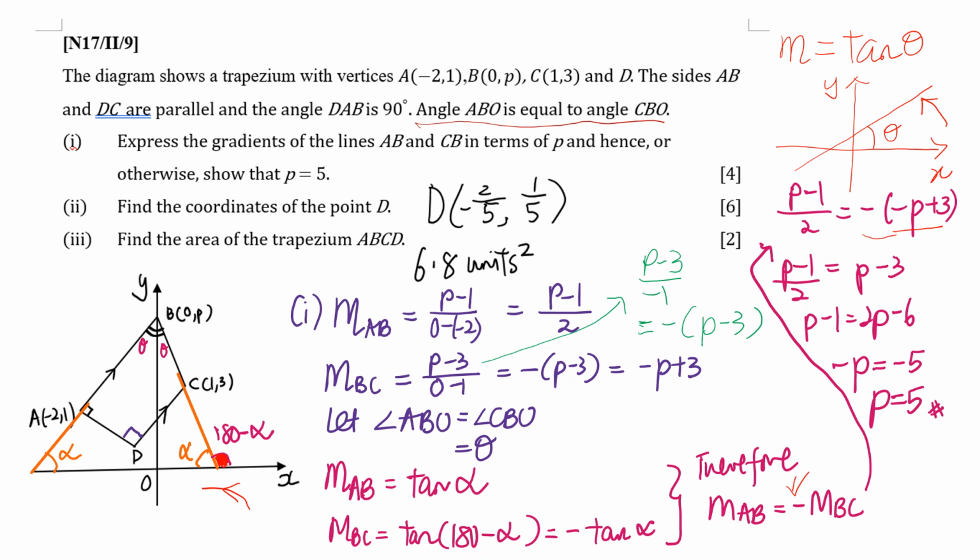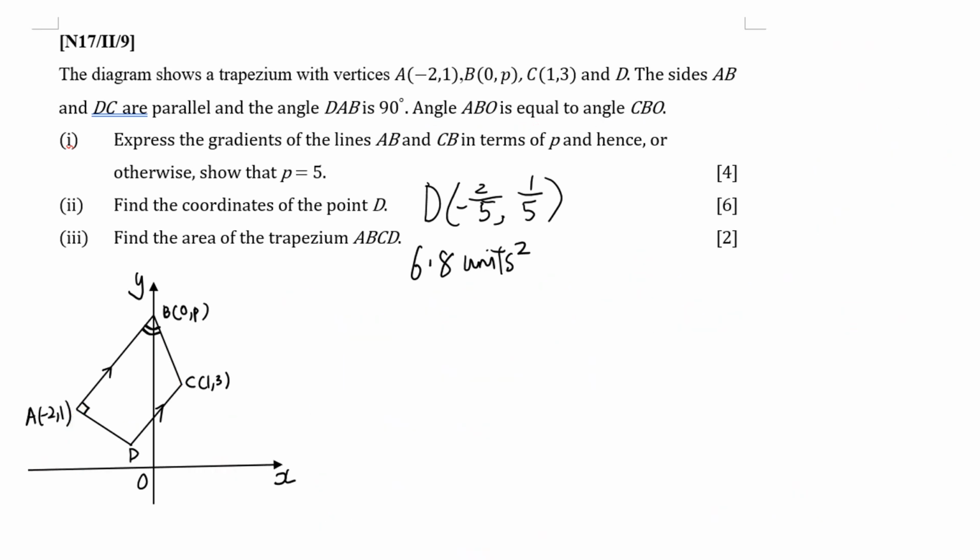This one here will end up as p minus 3. Multiply by 2 on both sides to get p minus 1 equals 2p minus 6. All right, and then simplify it, you get p equals 5, which is what you are asked to show in part 1.